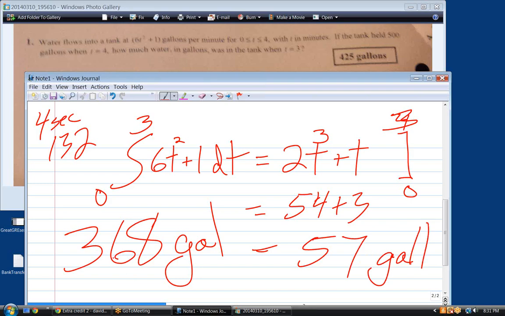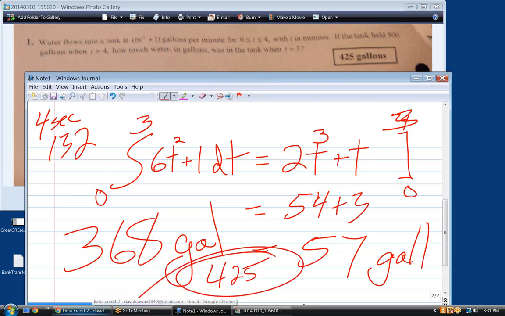And it started with 368, so that adds to 425. Might be a one step less process to get that. I'm not sure how, though. I don't want to integrate from 3 to 4, because all that'll tell me is how much additional flowed in, which won't answer the question. So I really might have to do it this way, including figuring out what it started with.